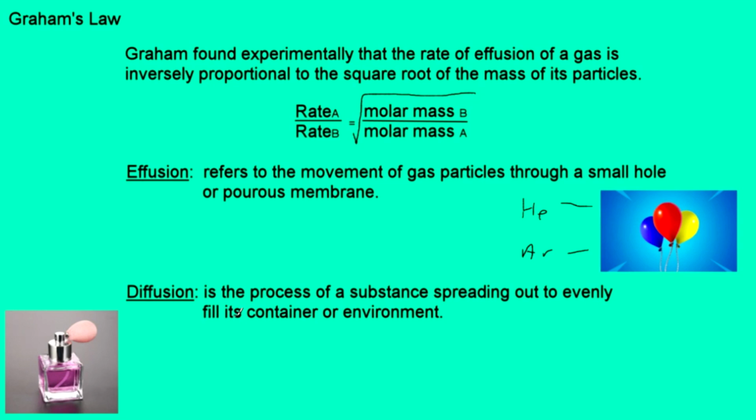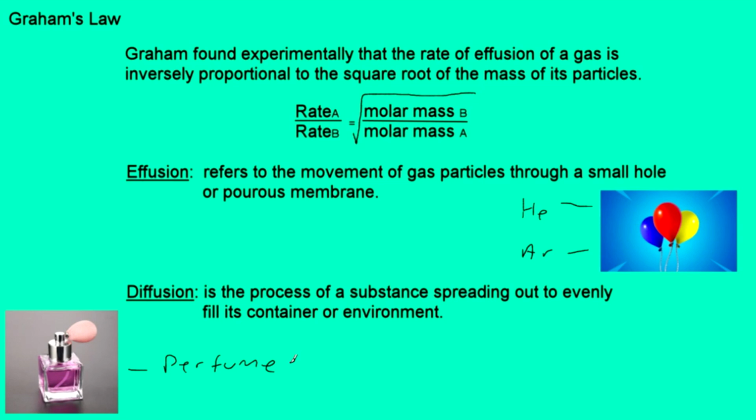Diffusion is the process of a substance spreading out evenly to fill its container or its environment. I have a perfume bottle over here. Let's imagine we open the perfume bottle up in our classroom. It's going to take a little bit of time for that smell to spread out throughout the entire room.